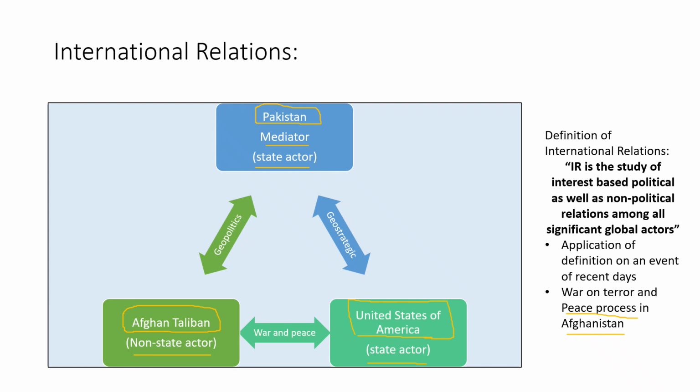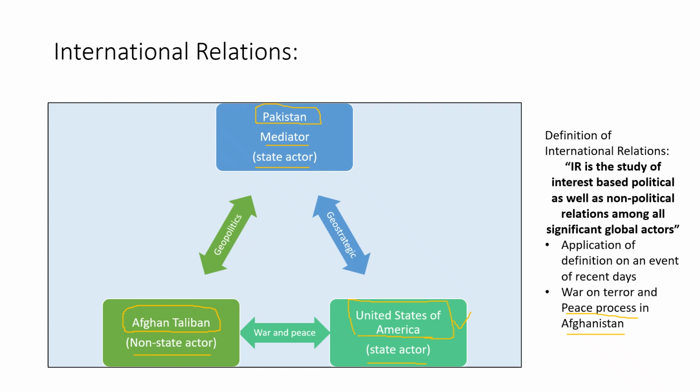Now, these three significant global actors had some interest. What was the interest of the USA in the peace process in Afghanistan? Well, the interest was the peace of Afghanistan.